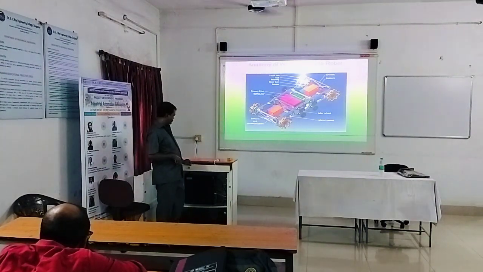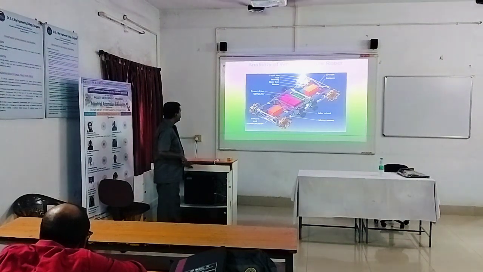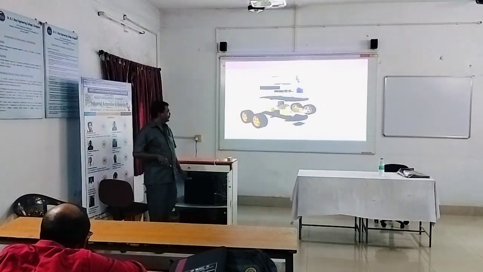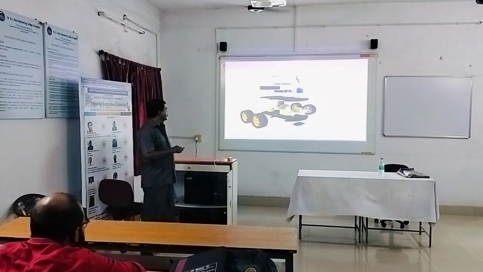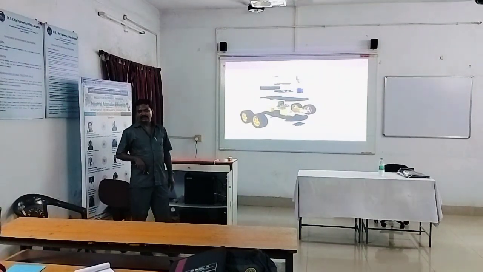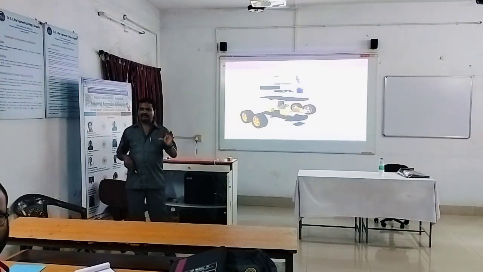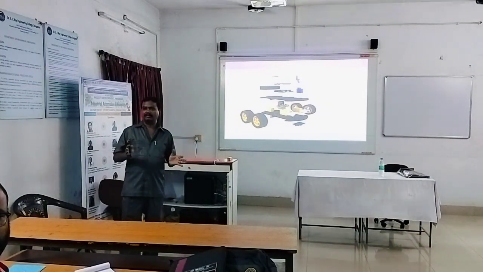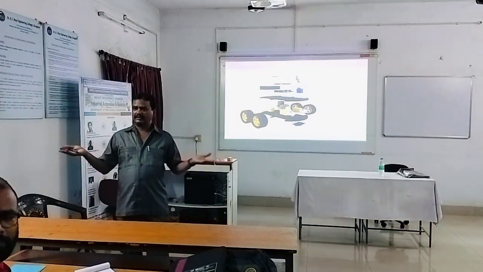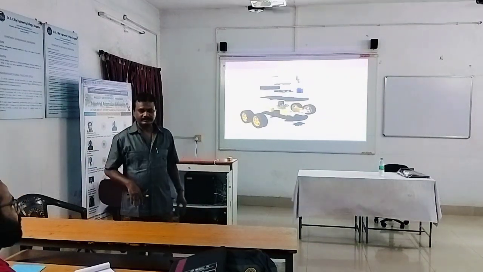So many things are there. So this is the practical mobile robot. It has this type of components. So each robot has different components. Those are like animals. Our system has lungs, heart, all related to one another.